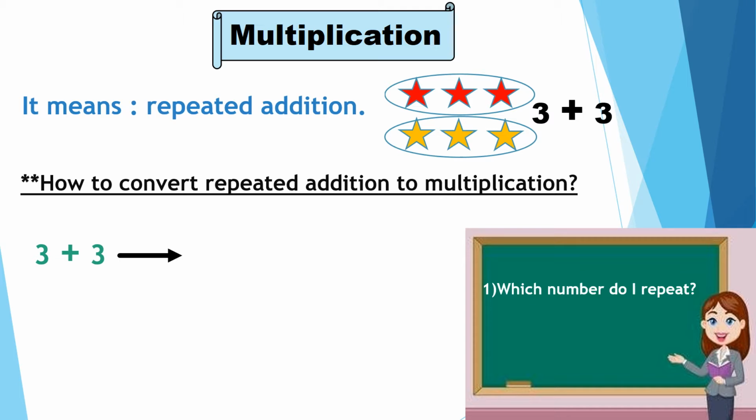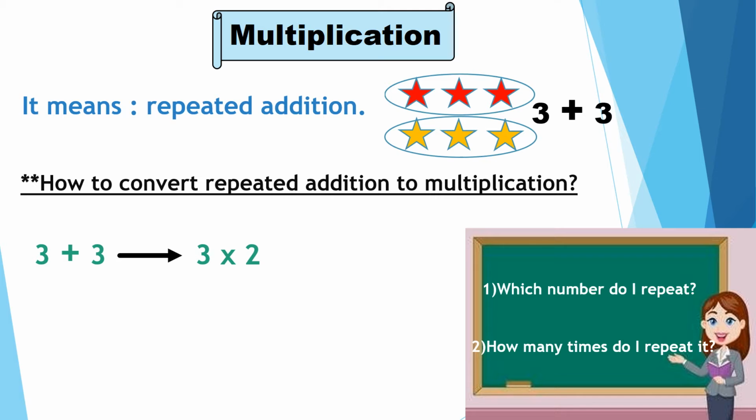The first question is, which number do I repeat? 3. How many times do I repeat 3? 2 times. We said 3 plus 3. So the repeated number is 3, and we repeat 3 two times. So it's 3 times 2.